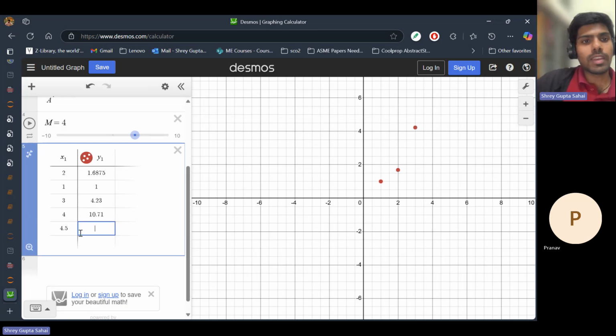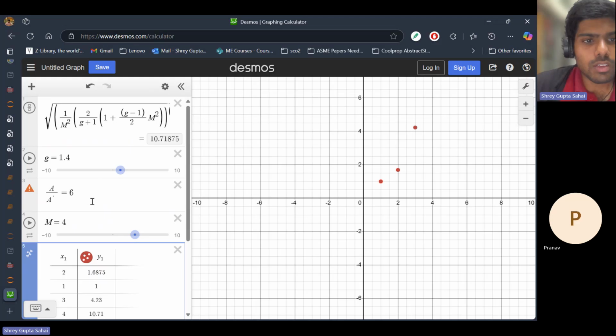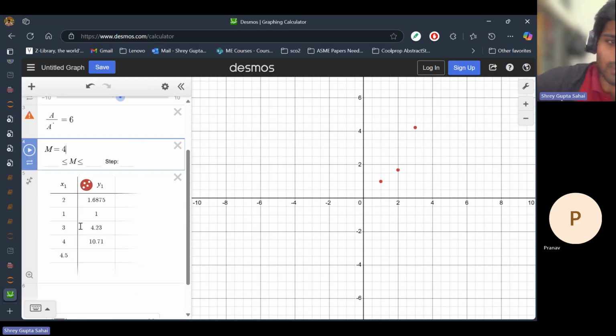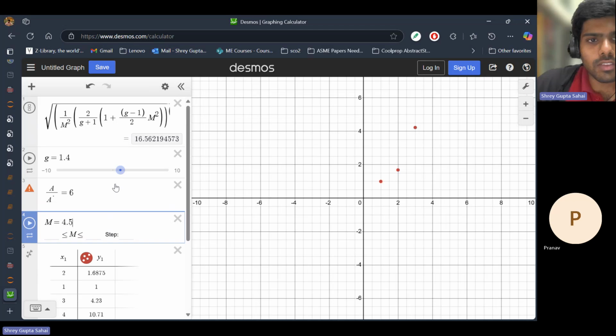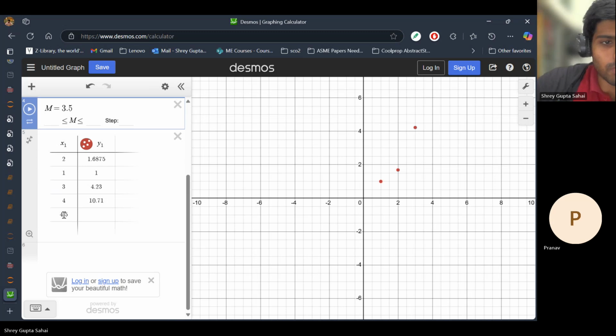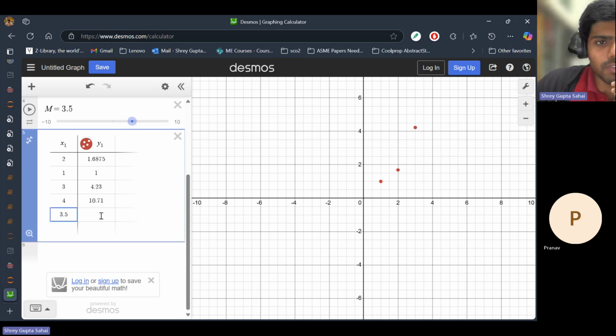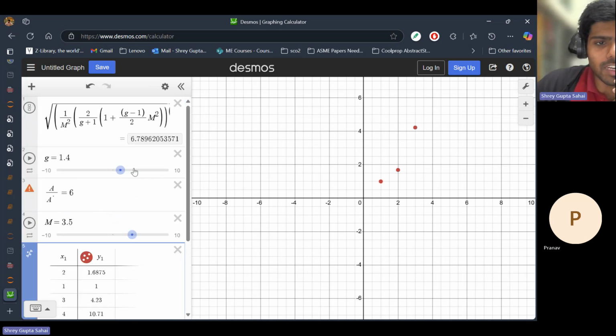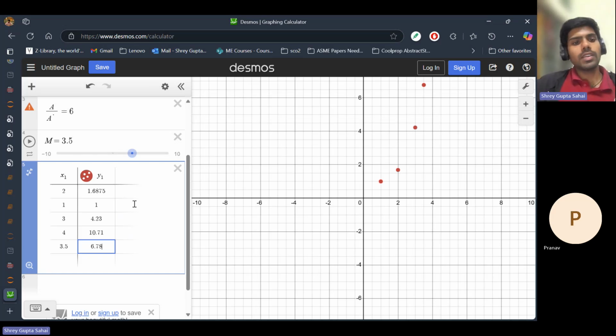If we have to numerically find this value, if we do 4.5, what value do we get? Wait, so 3.5, sorry, not 4.5, 3.5. For 3.5, we get a value of 6.78. Okay, maybe 3.3.